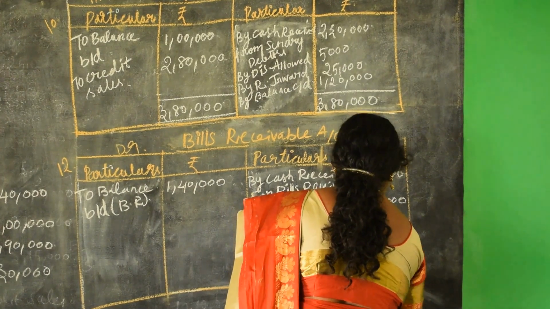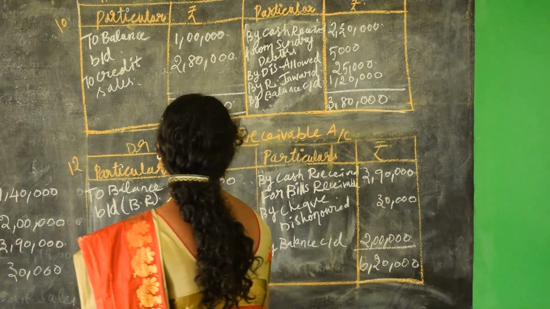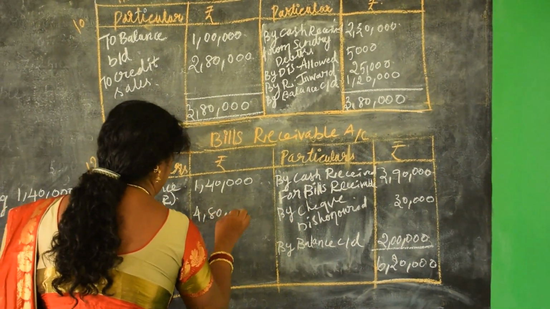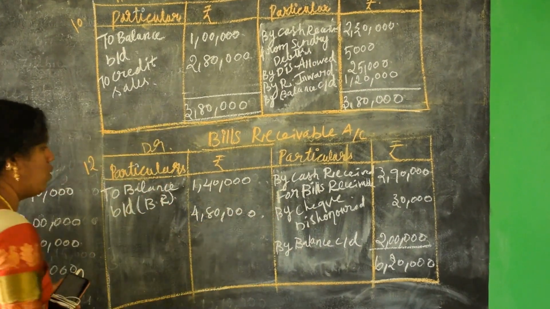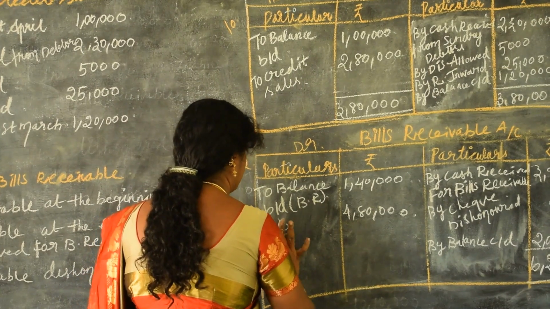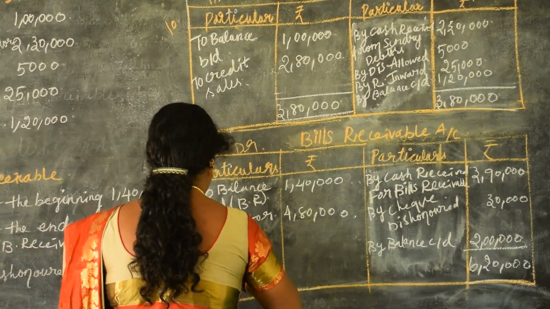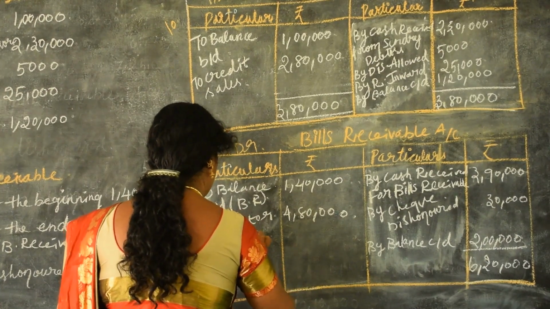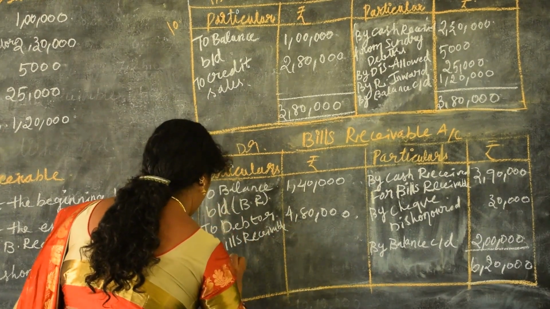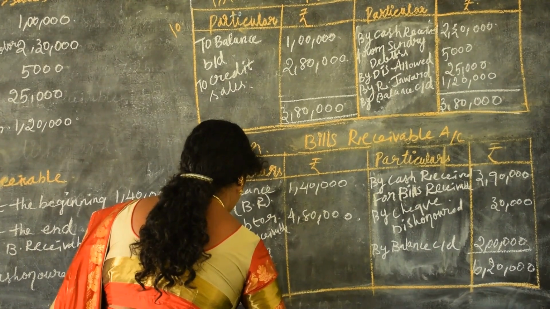So total it, you will get 6,20,000. Here you will get 1,40,000. The difference is 4,80,000. What is this 4,80,000? It is in the debtors, right? To debtors, in the bracket, bills receivable during the year.